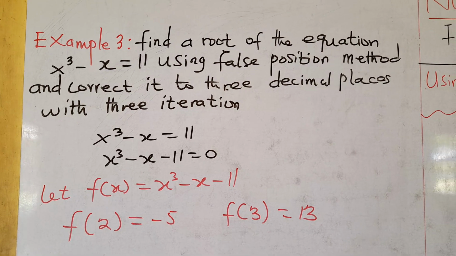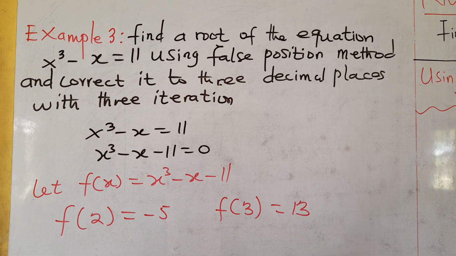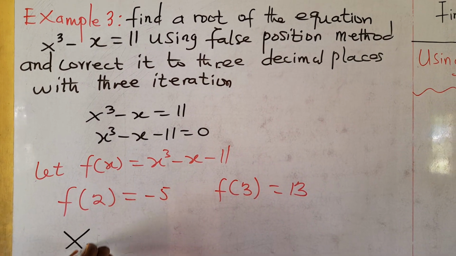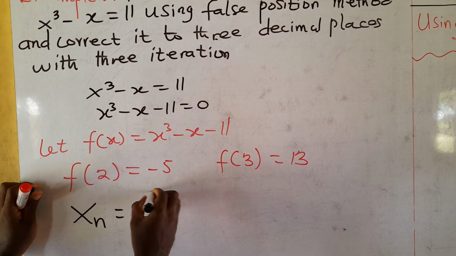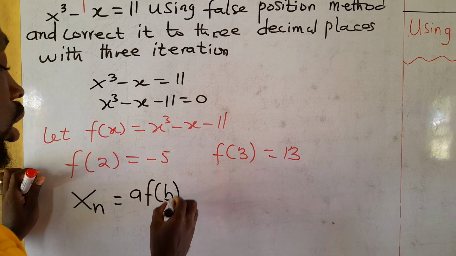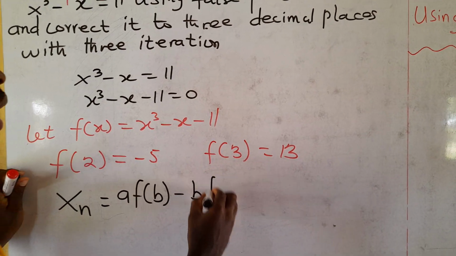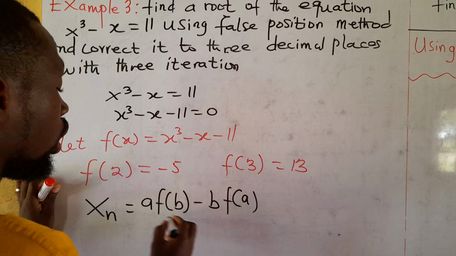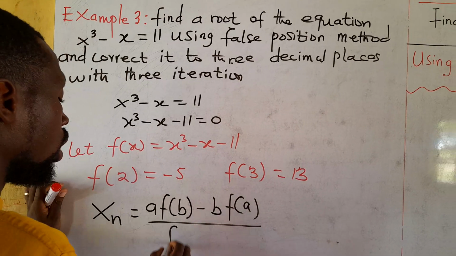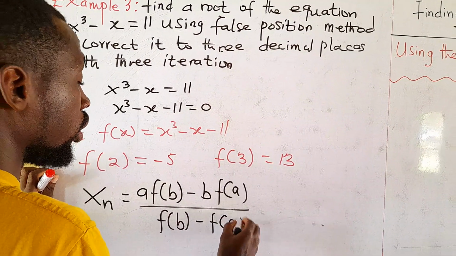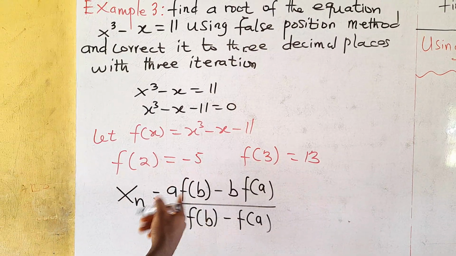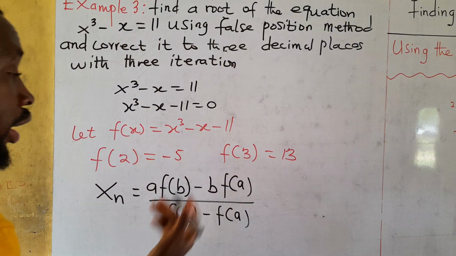So remember, with the regular Falsi method, our xn is equal to a times f of b minus b times f of a all over f of b minus f of a. And a and b are the interval.